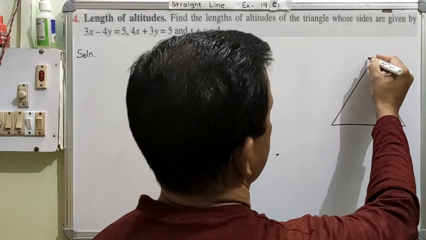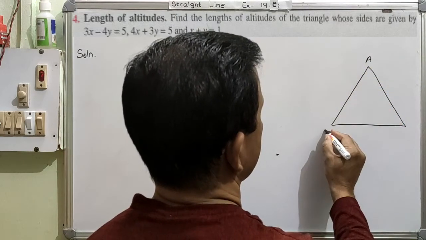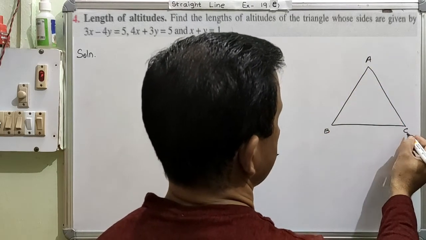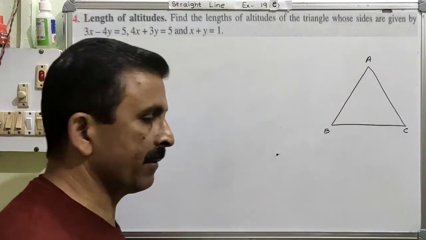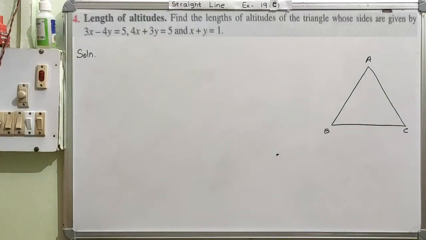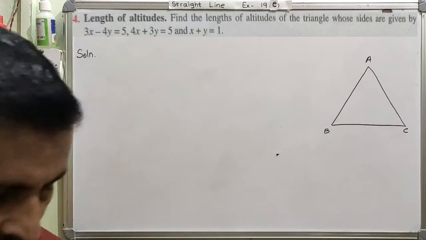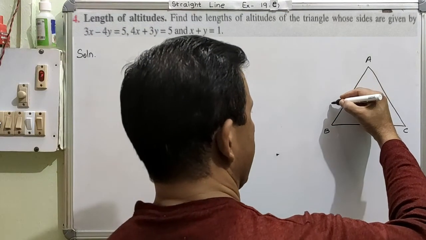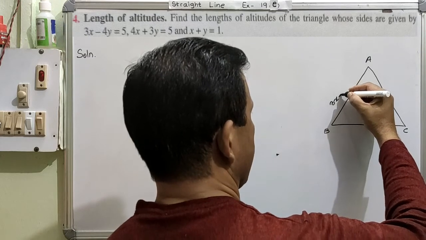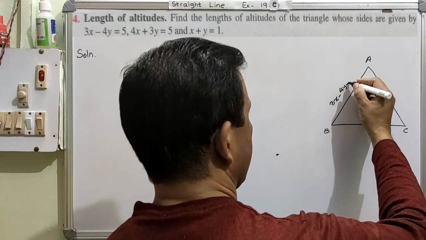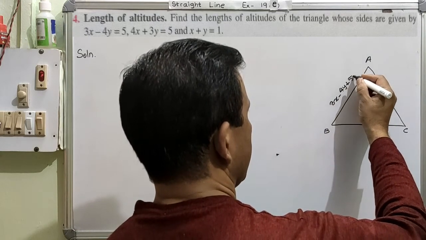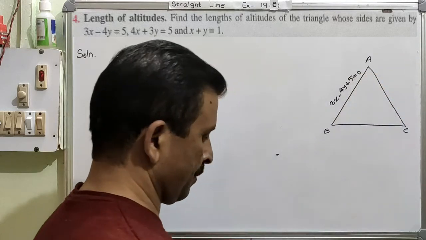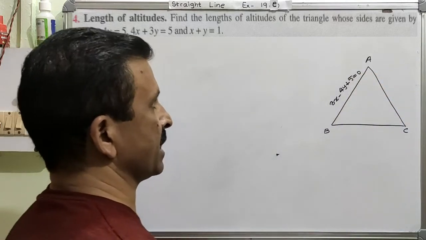Then we can name the vertices as A, B, and C. Now we are given the 3 equations. We are given the equations of the 3 sides. So suppose AB is 3x minus 4y plus 5 is equal to 0. This is your first equation.